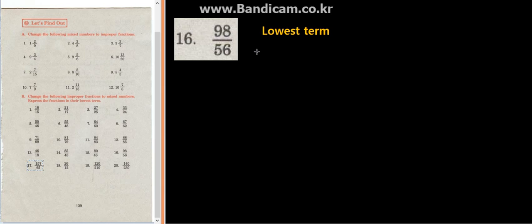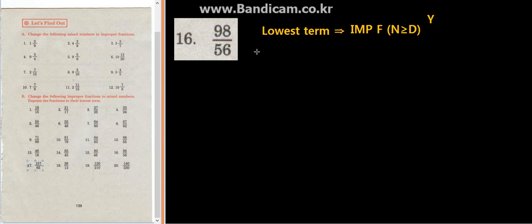First, you consider if this is in the lowest term, and change it to the lowest term if it isn't. Then, we consider if this is an improper fraction, IMP improper, F for fraction, and check if the numerator is bigger than or equal to the denominator.